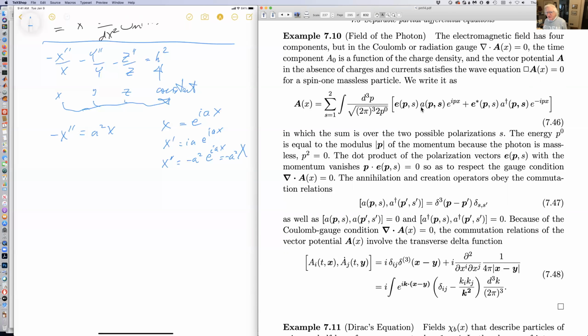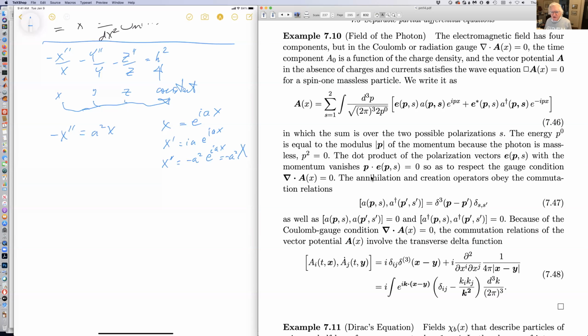This annihilates a photon of polarization s, and there are 2 possible polarizations, basically this way or that way. And this creates a photon of momentum p and polarization s. And then there are these polarization vectors.